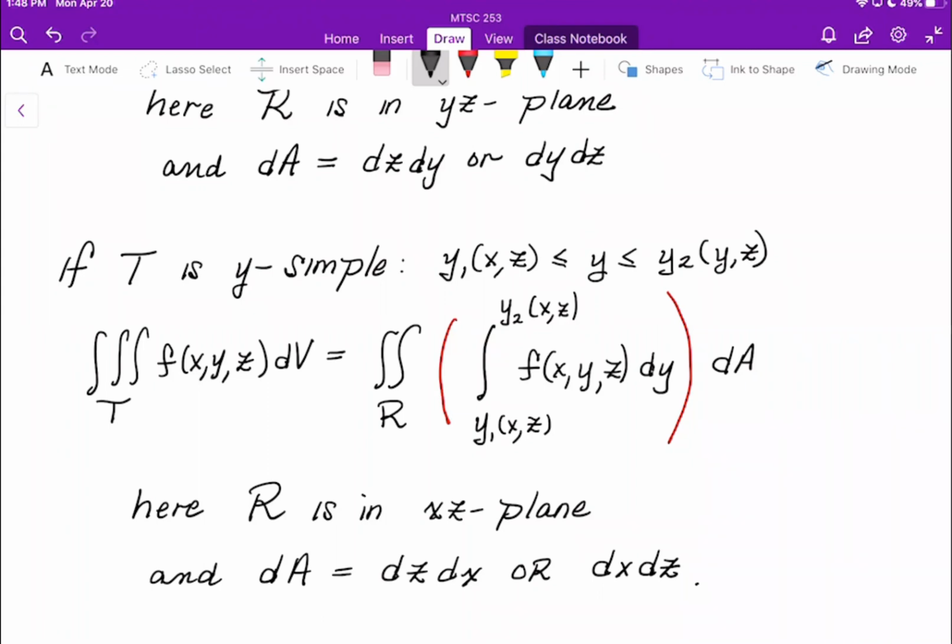So if it's y simple, then it's also x and z simple, and same for the others. No, it can be one, or some things may be X, Y, and Z simple, but most things will only have one direction that they're simple.